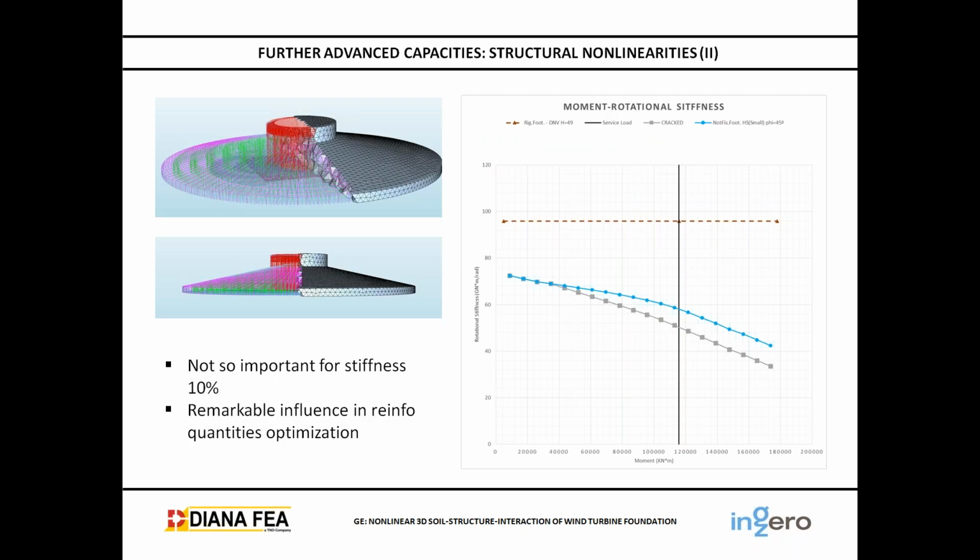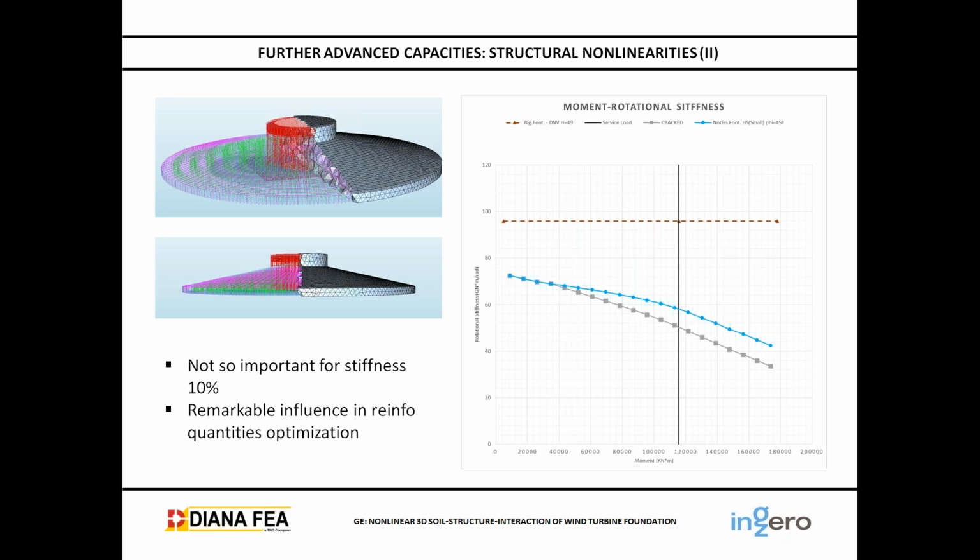Okay, here we have another image, and we have the graph. We have the moment versus rotational stiffness, and we see the gray one with hardening soil small strain for a hard soil. The blue is with no structural non-linearities, no cracking of the concrete, and the gray is with the cracking.